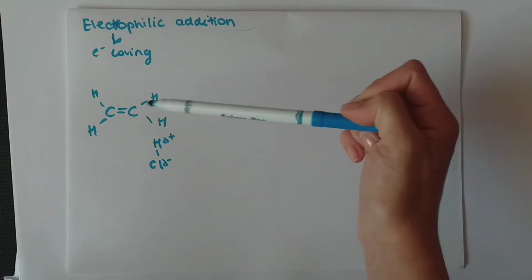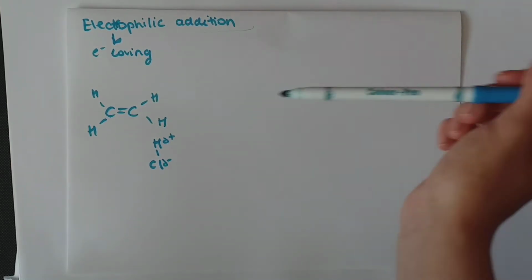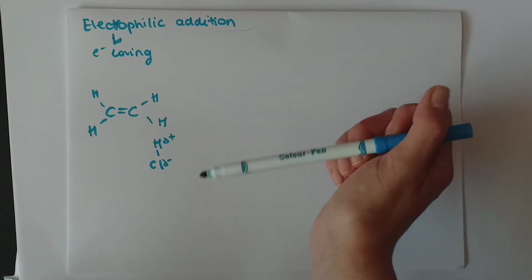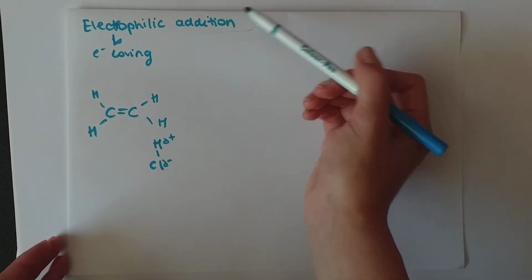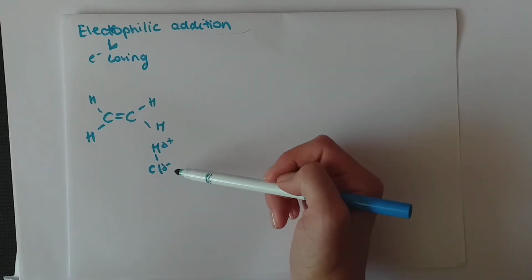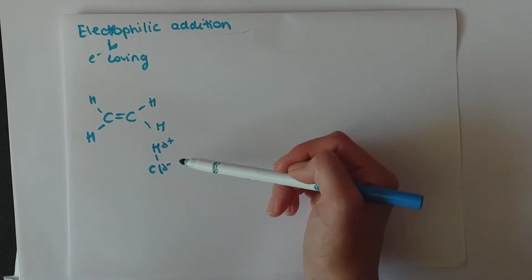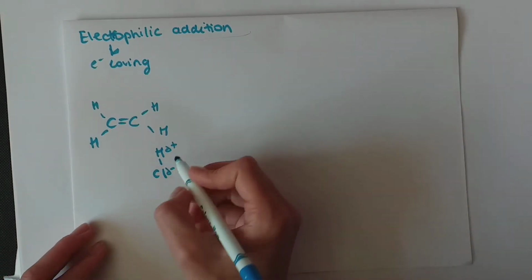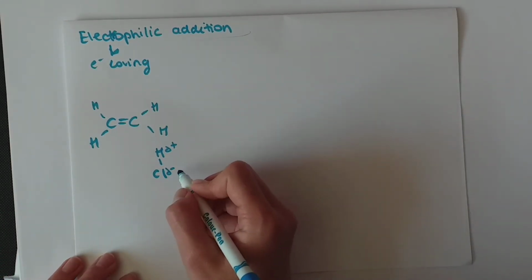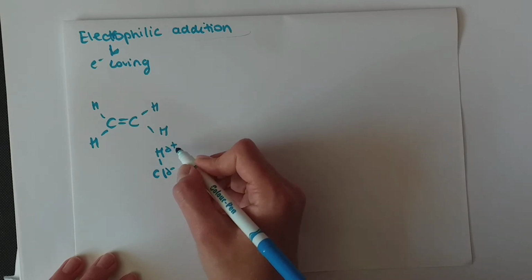You may be asked to draw the mechanism, which is what we're doing right now. Whenever you get something that has to be added, this is going to be polar. So we have chlorine, which is negative, and hydrogen, which is positive.